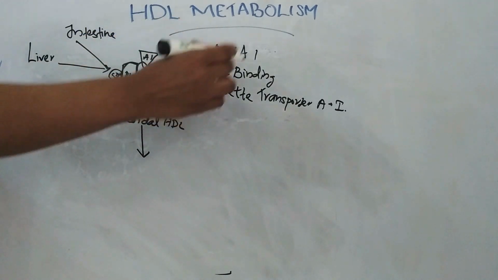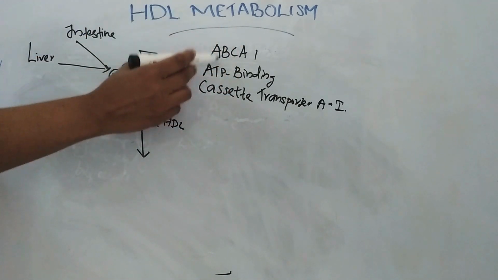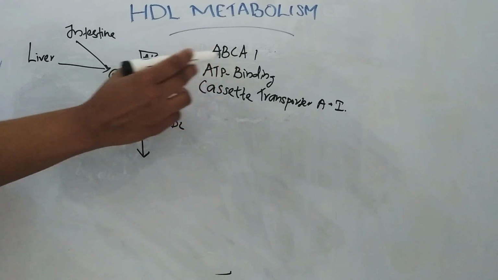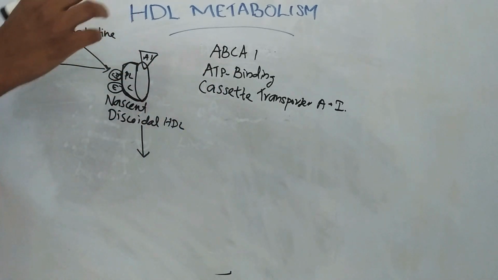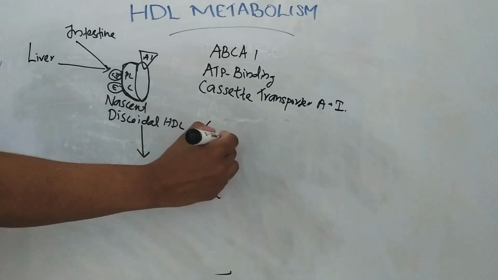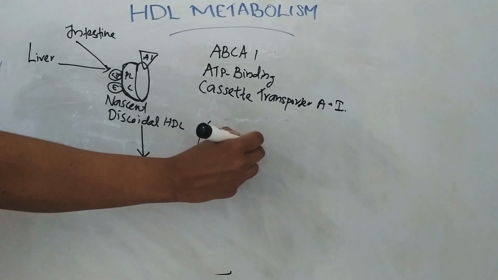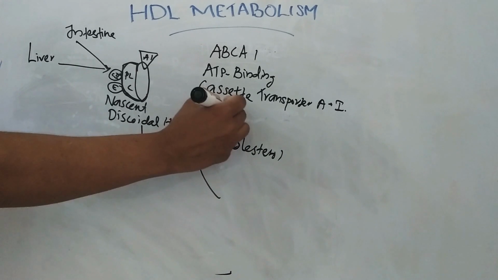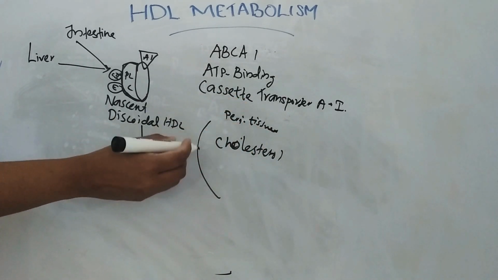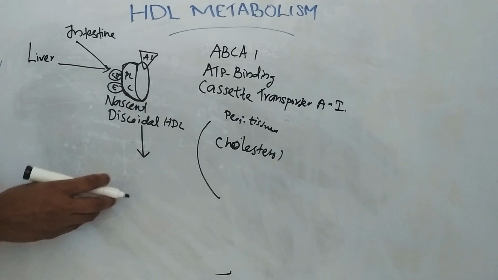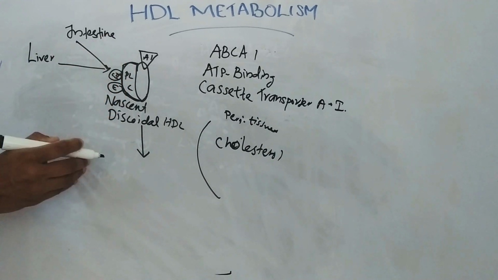So, this HDL receptor is known as ABCA1, that is ATP binding cassette transporter A1. It transfers cholesterol from peripheral tissues mainly to pre-beta HDL or to ApoA1.